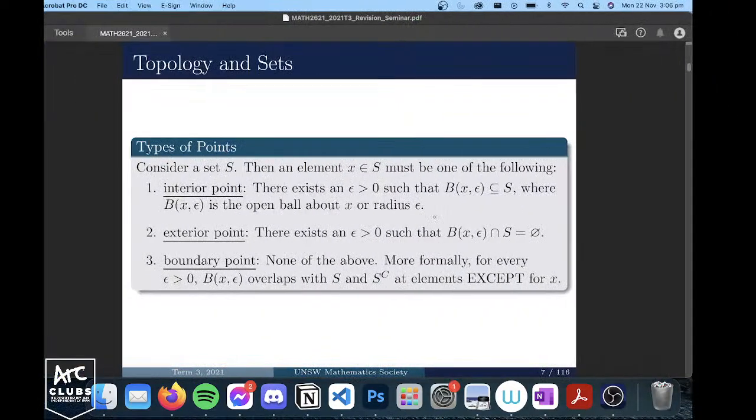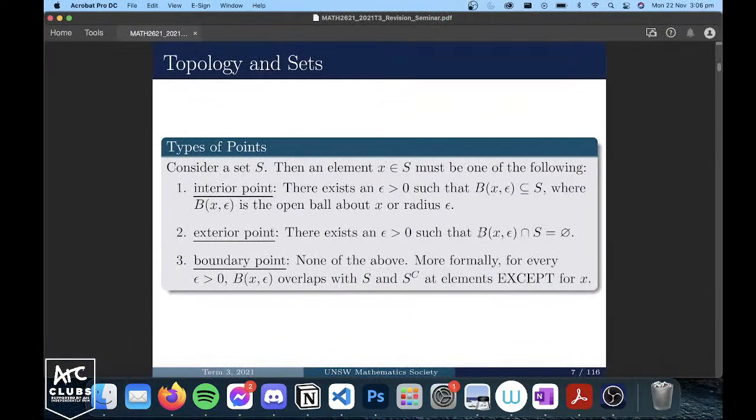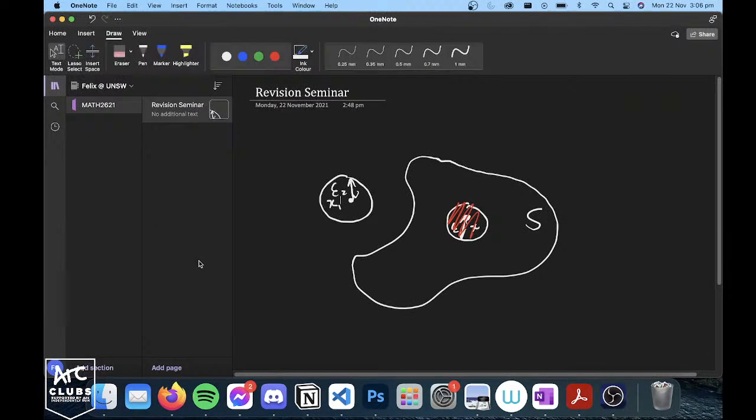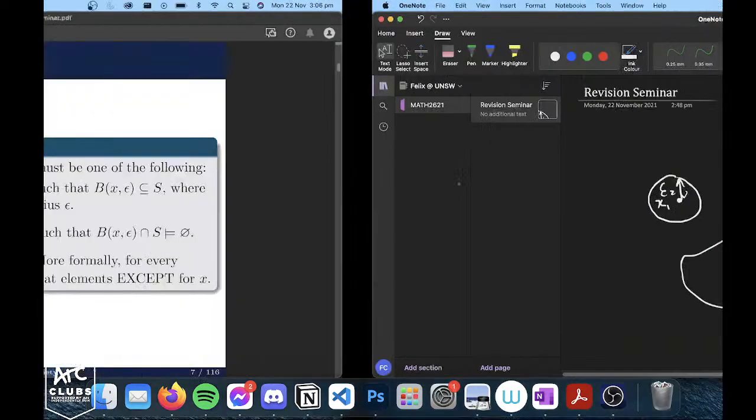Another way of expressing this is that the intersection of the set with the ball is just an empty set. Now if we consider the other case, which is a boundary point, say over here on the boundary, we can see that we have both points that are within the set as well as points that are not within the set. And that's basically the definition of a boundary point.